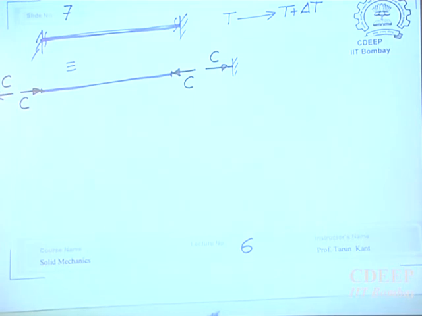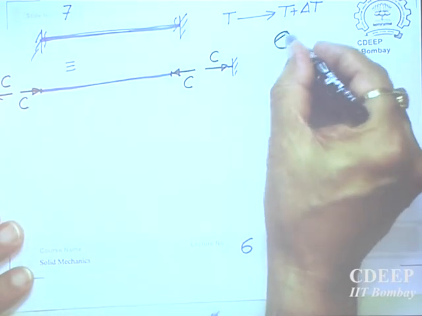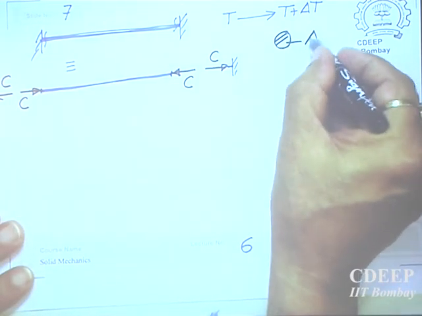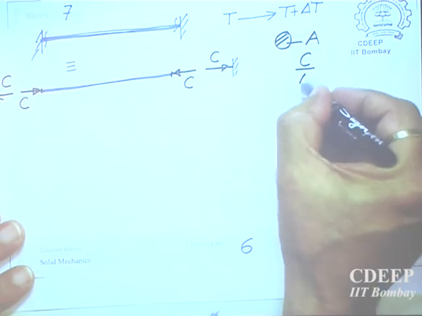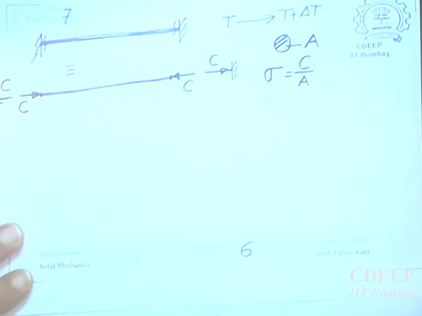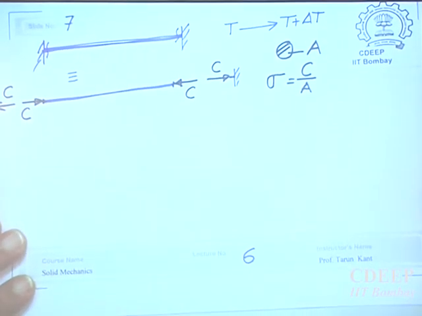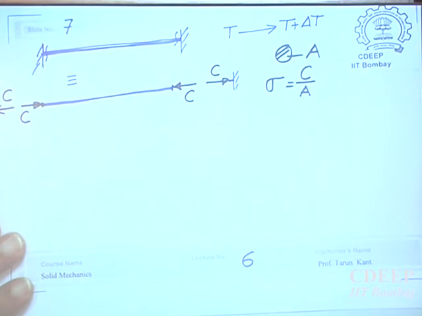I want to find out C, because if you know C, then you can find C divided by area of cross section. This is area of cross section A. So C divided by area of cross section is the normal stress in this rod. Simple. Conceptually it is very simple.